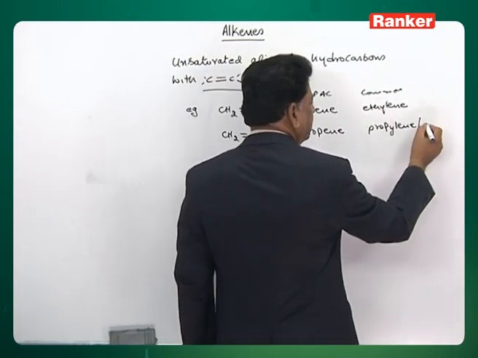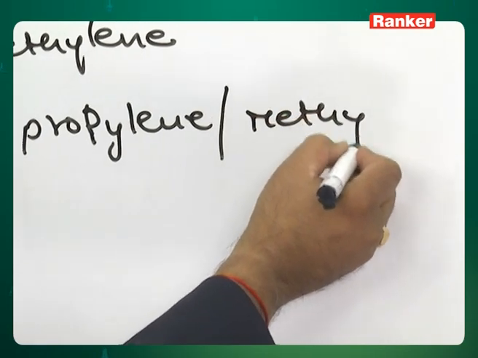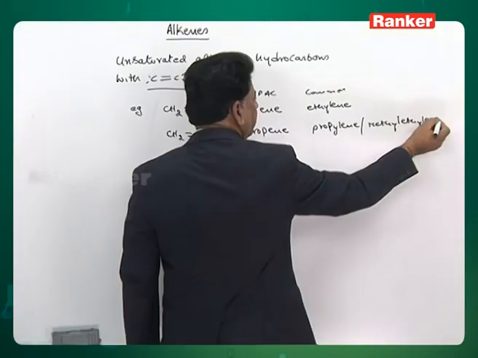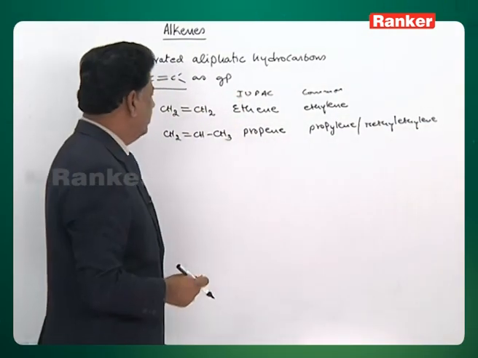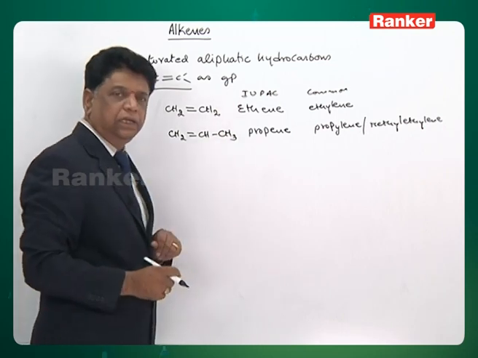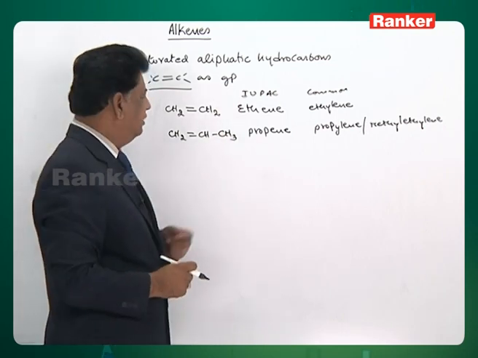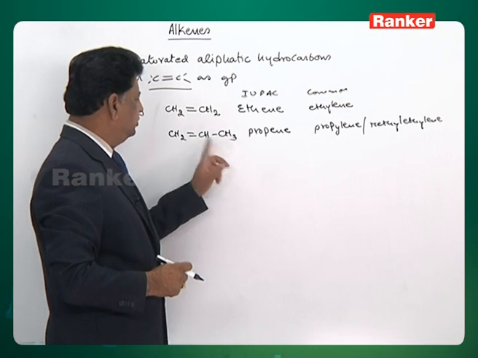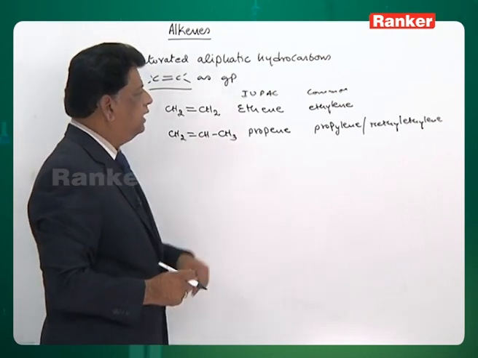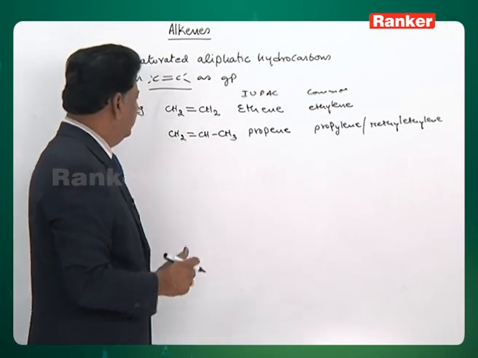So, we call it methyl ethylene. That is ethylene up to this, this is extra. This is one of the common methods, by having a substitution of methyl in the place of hydrogen. So, you tell the methyl and then say ethylene, methyl ethylene.